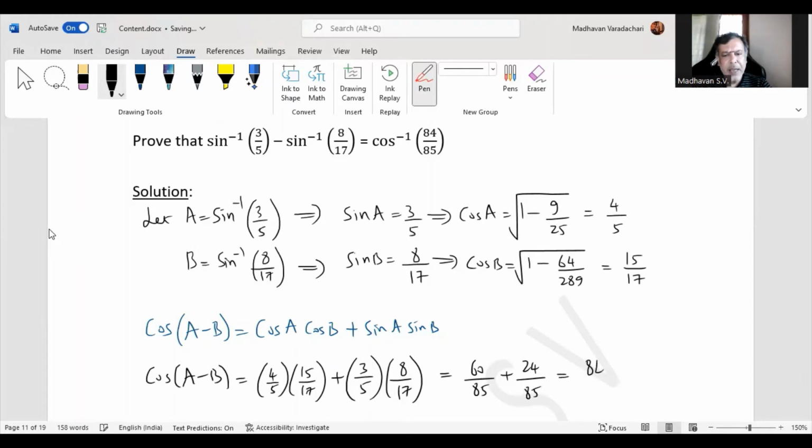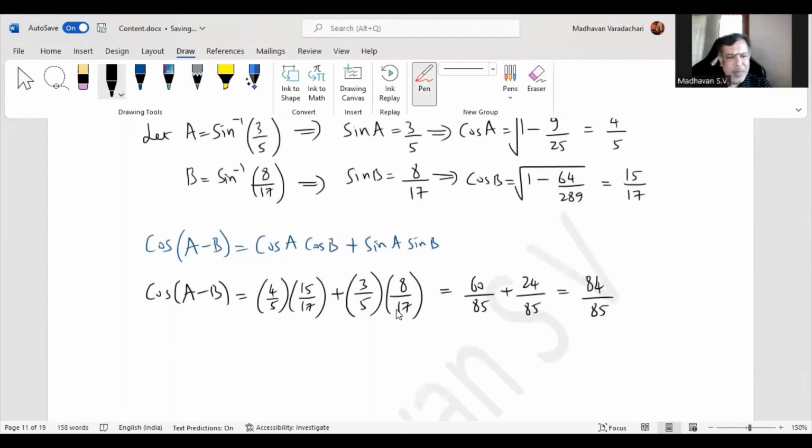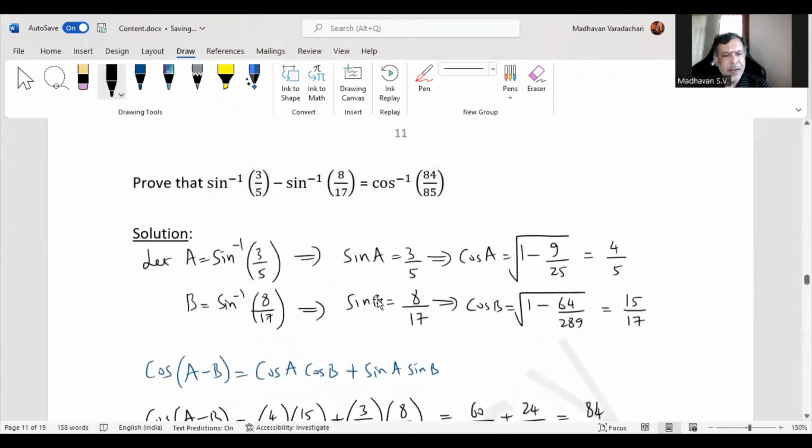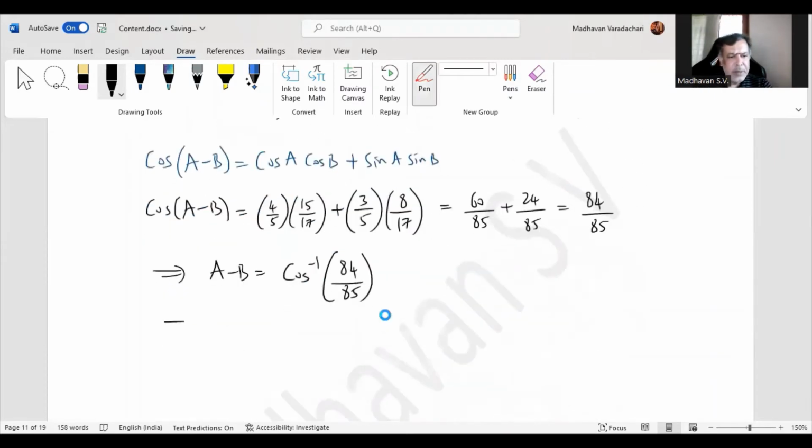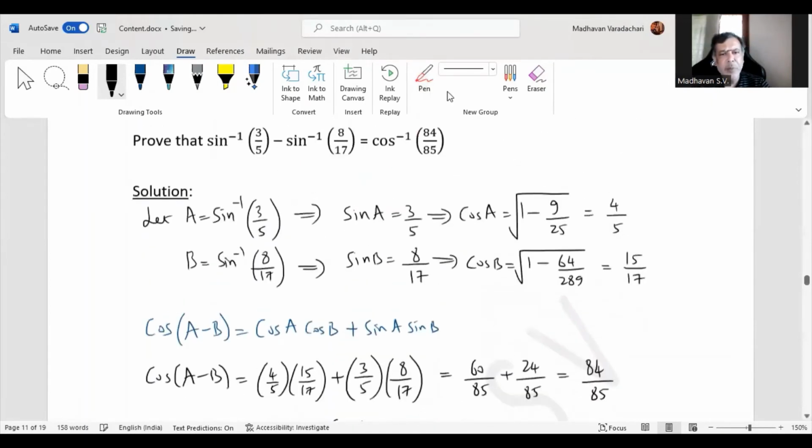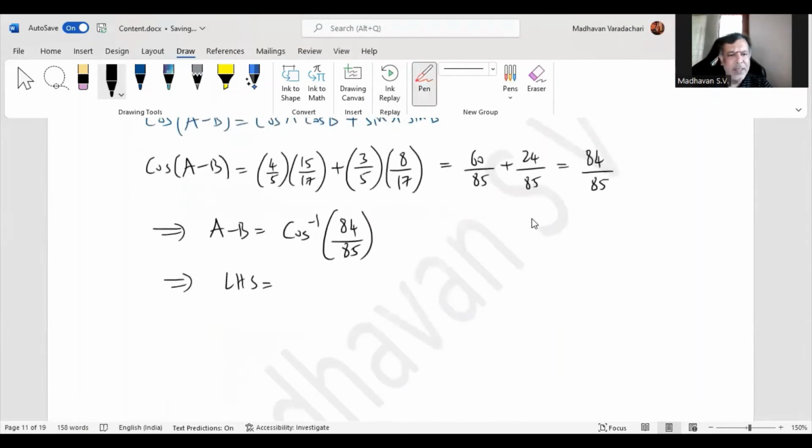Again, this will be 84 by 85, which implies that A minus B is cos inverse of 84 by 85. We may notice this A minus B is nothing but your left hand side, and this cos inverse of 84 by 85 is your right hand side. Hence the proof.